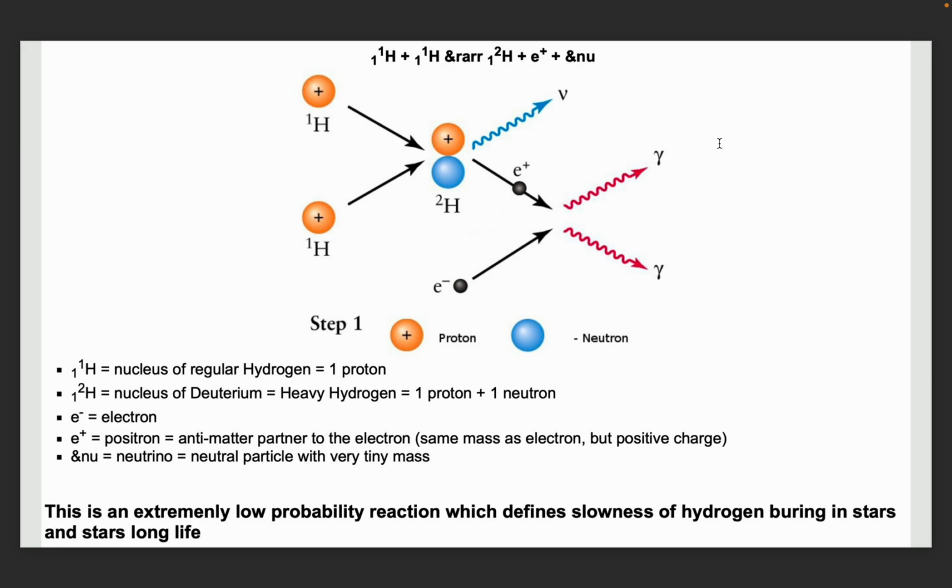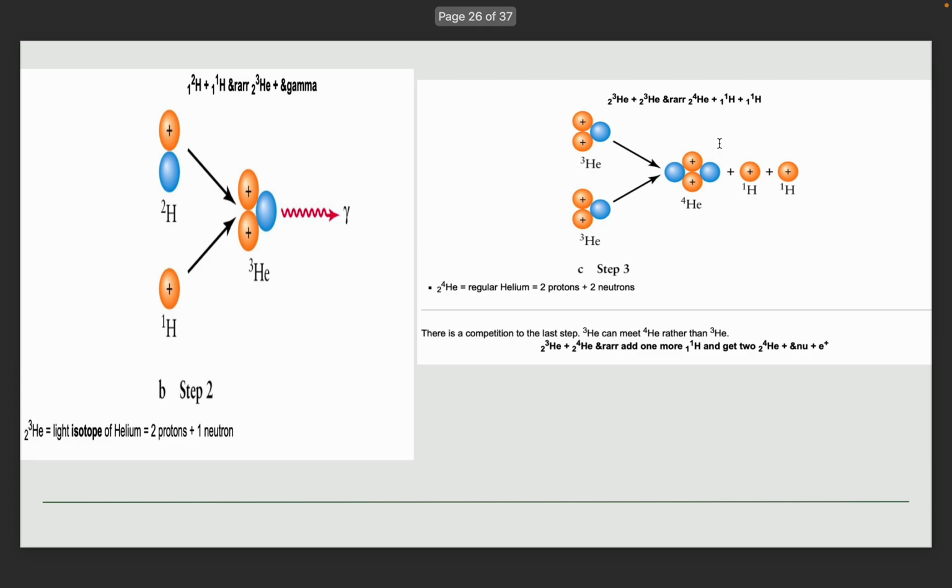There are also byproducts in this reaction: the neutrino, photon and positron. This kind of reaction has extremely low probability, which defines the slowness of hydrogen burning in stars, and the stars live so long.